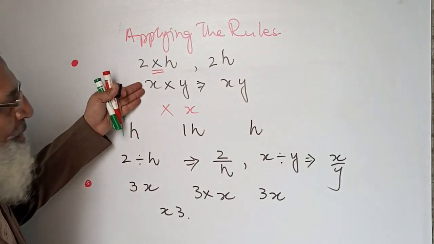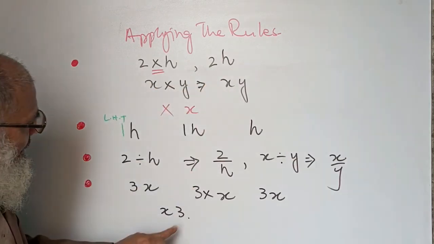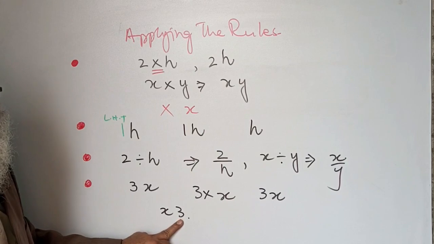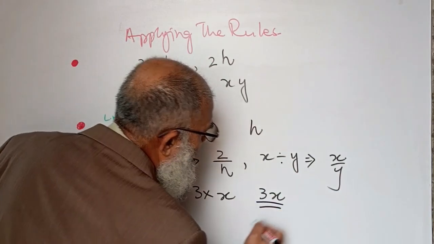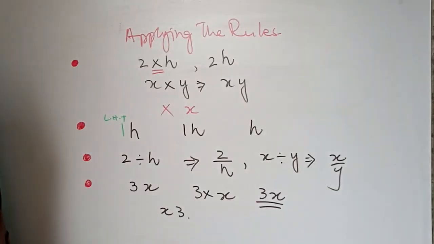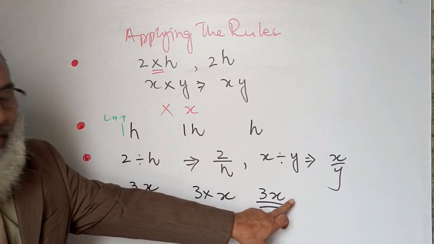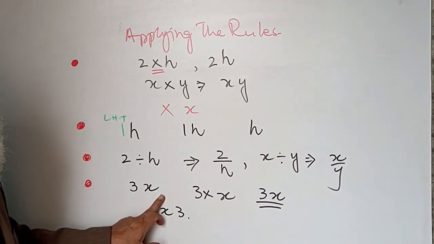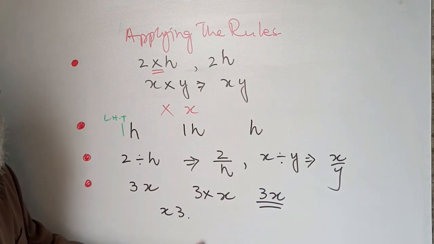Though, as per our rule, x is being multiplied by 3, we always follow this rule: we put the coefficient first, then the variable. Coefficient first, then the variable, not the variable first and then the coefficient.